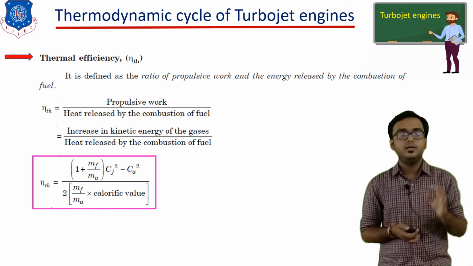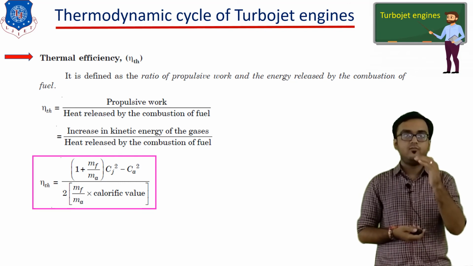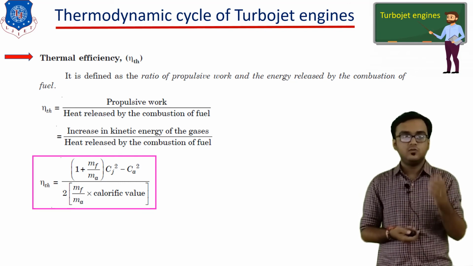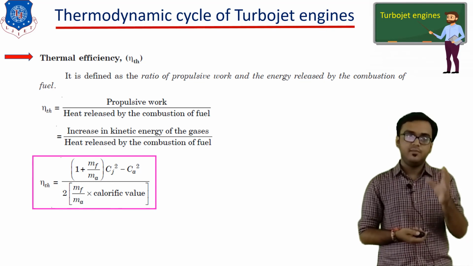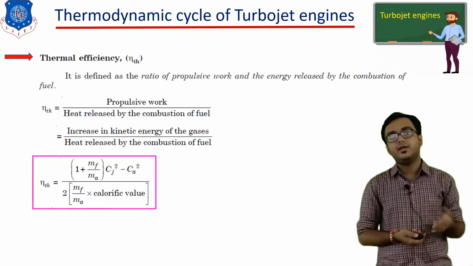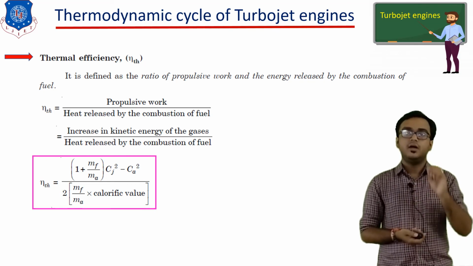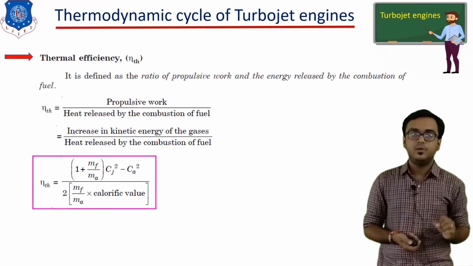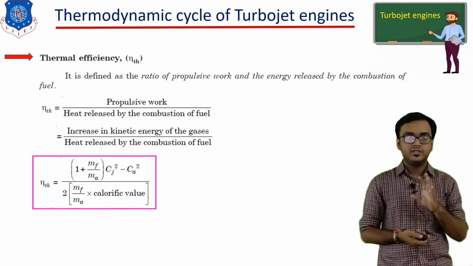So the thermal efficiency is (1 plus mf by ma) times (cj square minus ca square), divided by 2 times mf by ma multiplied by calorific value of the fuel. Here again we have assumed ma to be 1 kg per second. So it is all about the thermal efficiency of jet engine.